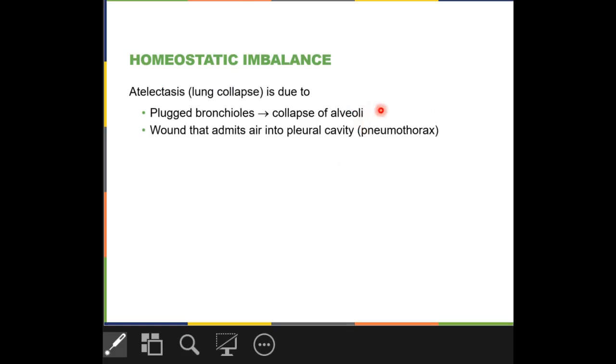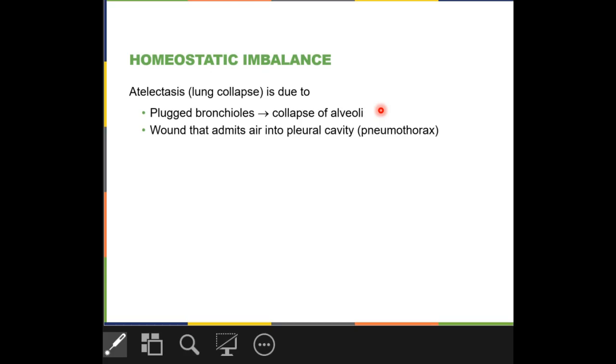And the plugged bronchioles, I'm assuming they can cause your alveoli to collapse, because when you relax your chest cavity, that is greater force than when you expand your chest cavity. So when you push the air out, when you relax, that creates more force than the atmospheric pressure does pushing the air in.